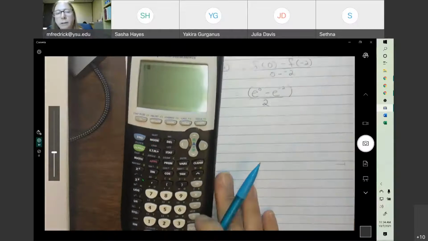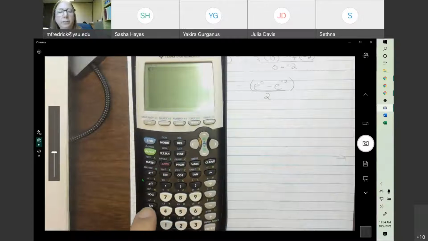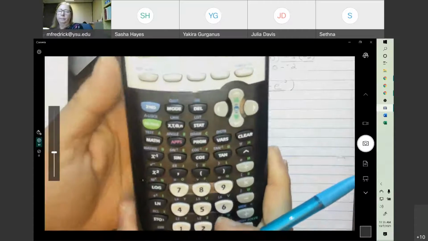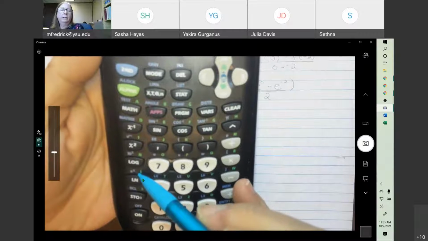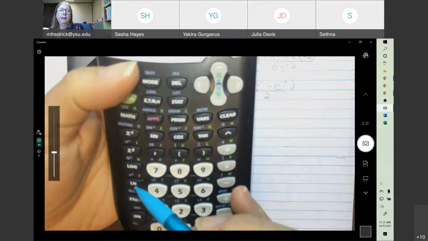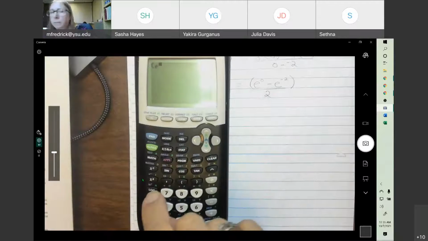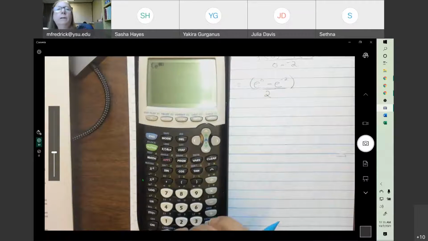Now the exponential function is with the natural log. It's in little e here. So you have to hit second and natural log button and it will come up. And then I put my 0.